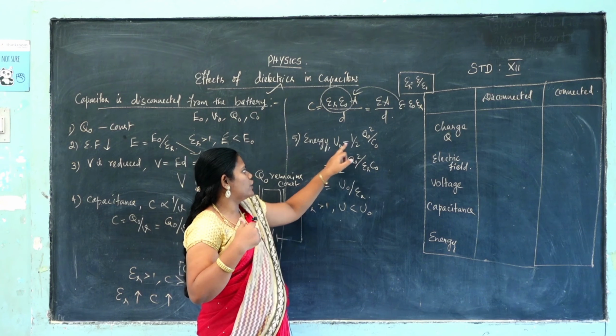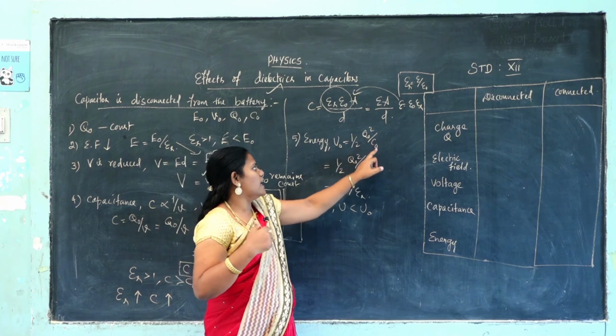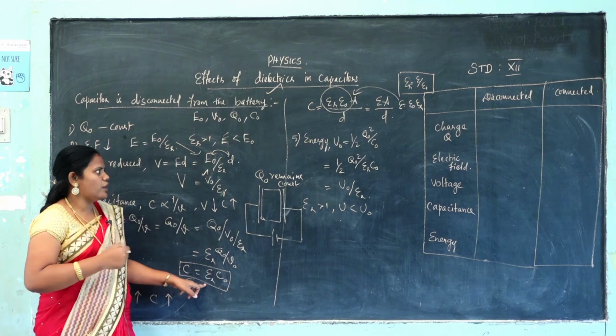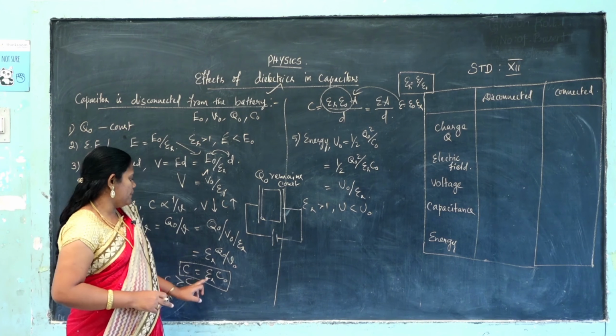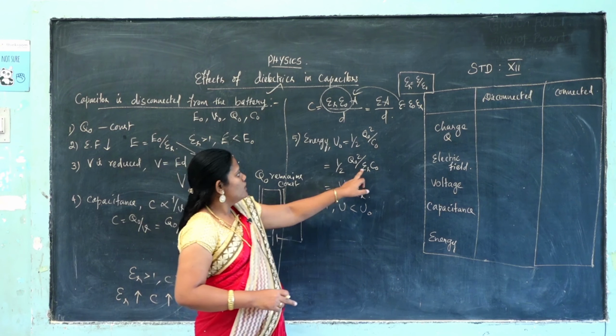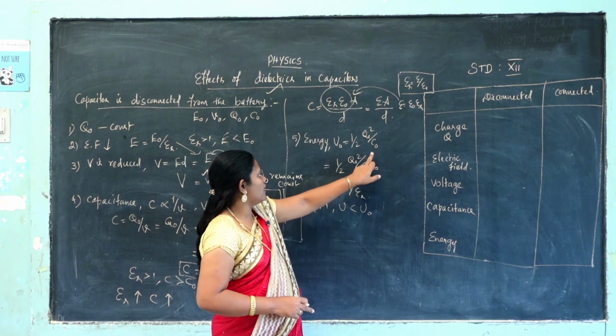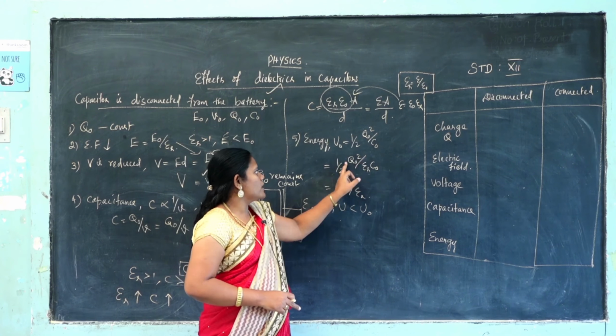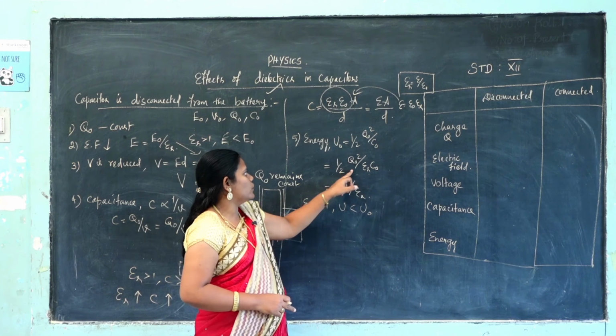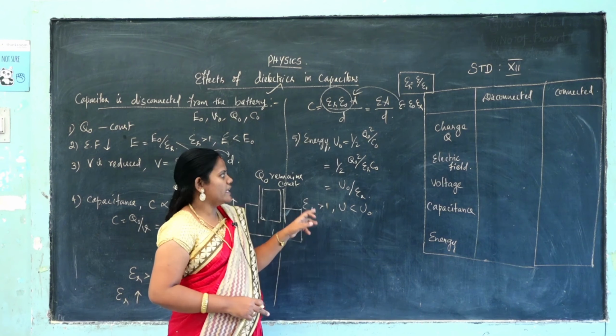So half into Q naught square by C naught. By using this relation, C is equal to epsilon R into C naught, substitute that value. So U naught, Q naught square by C naught, becomes U naught by epsilon R. Okay, it will be clear that.